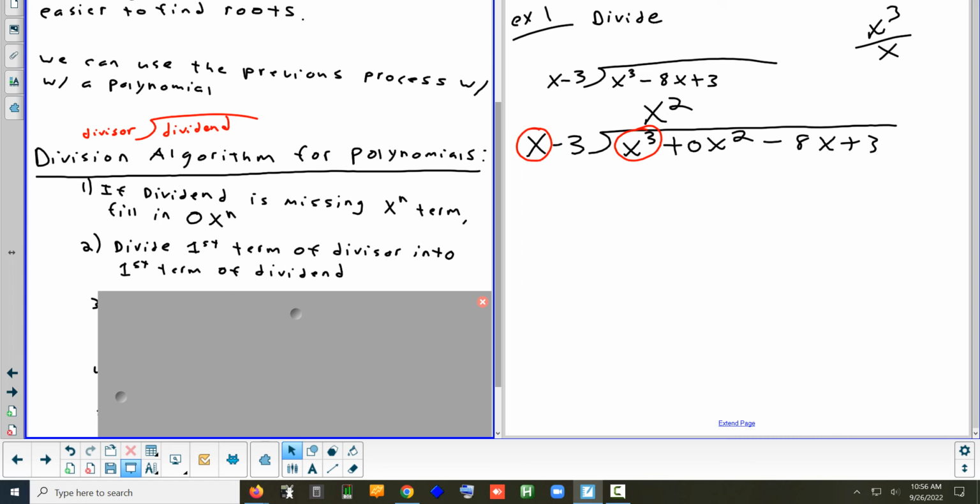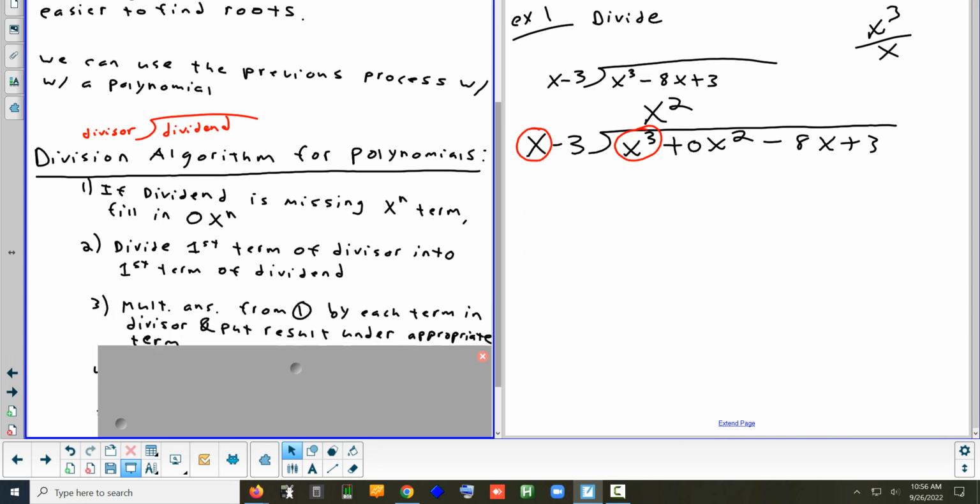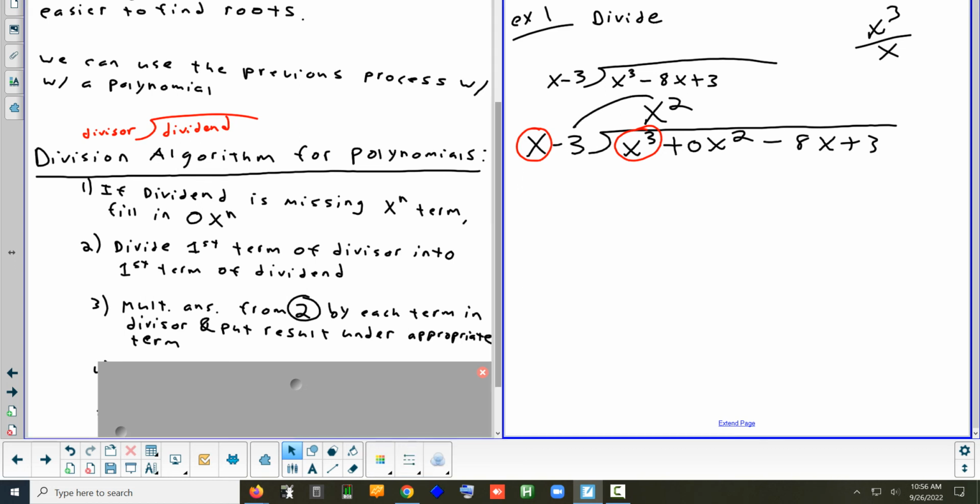Now, step 3 is basically checking the answer you just did. So we're going to know if we did it right. Multiply the answer that you just got. This says multiply the answer from step 2 by each term in the divisor. Sounds like a distributive problem.